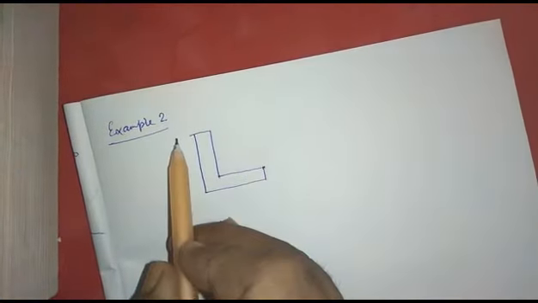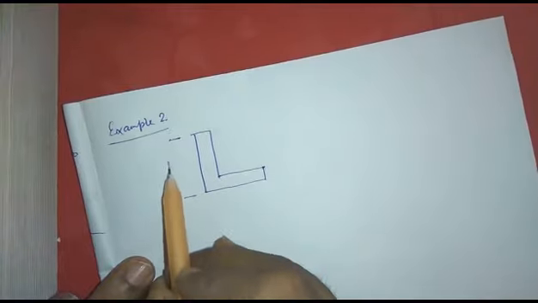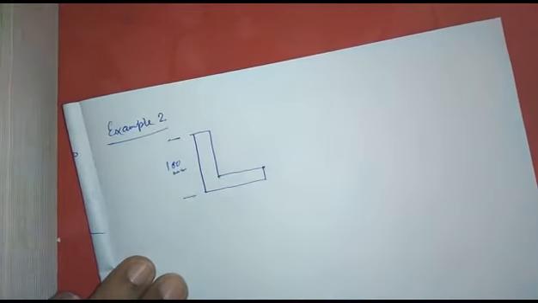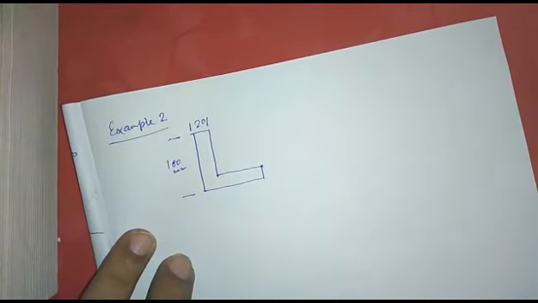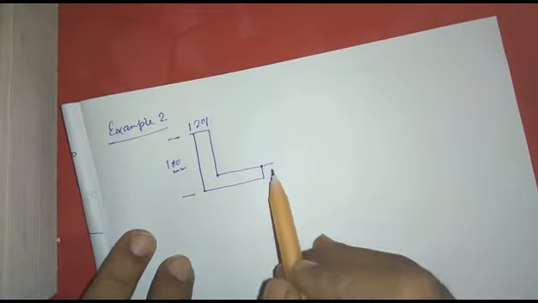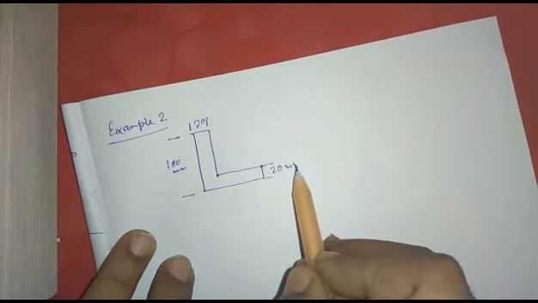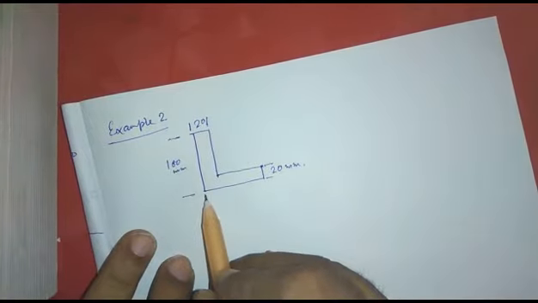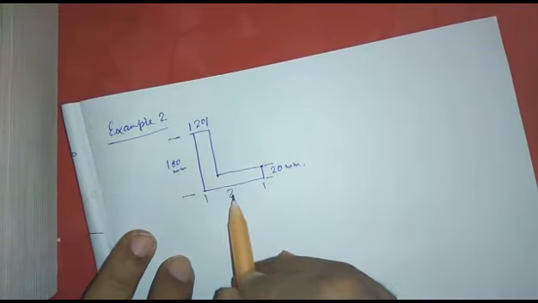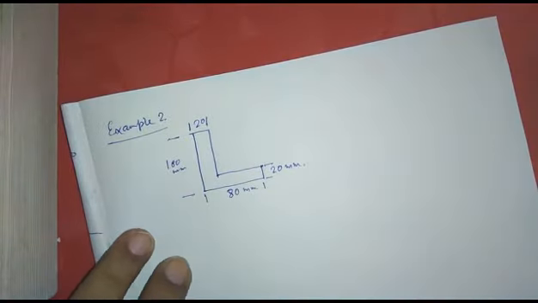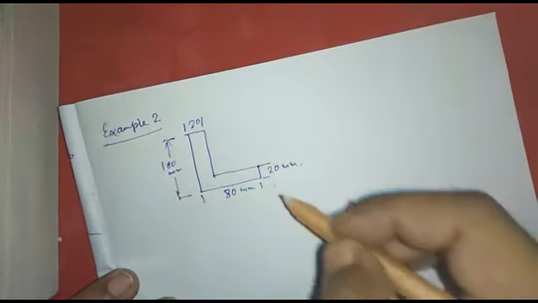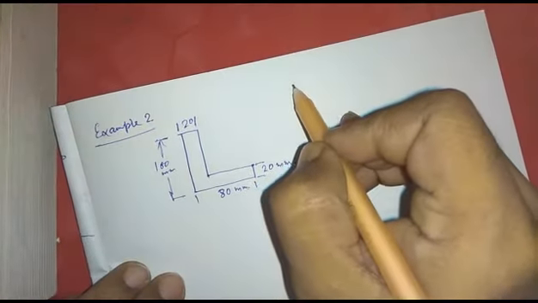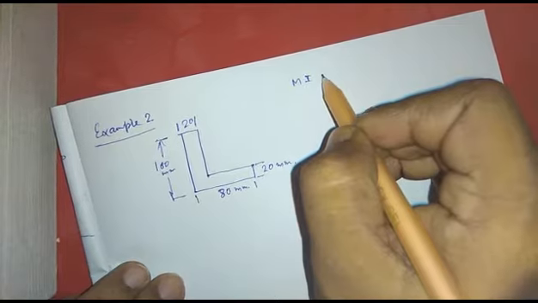The dimensions are, say this is 100 mm, say 20 mm, this one is 20 mm, and say this one is 80 mm. Okay, this is 100, 20, 80.